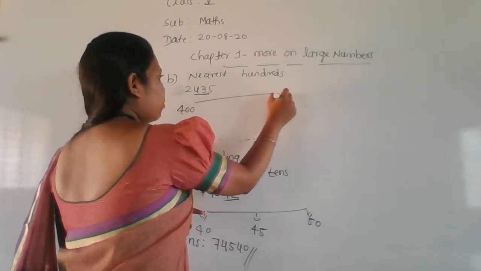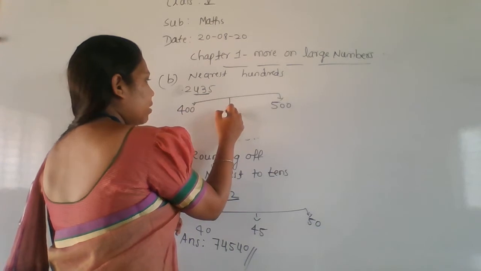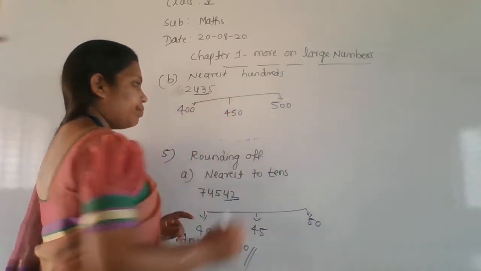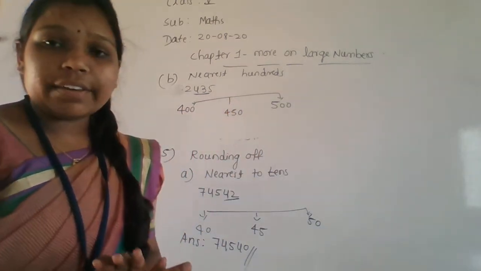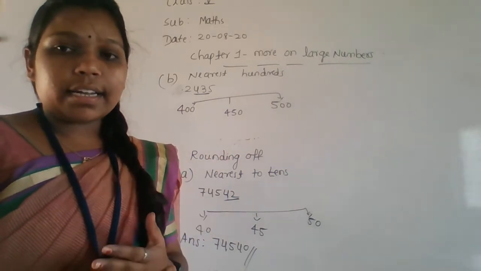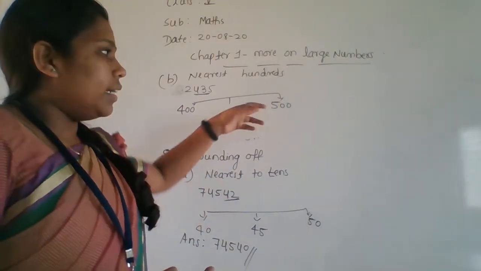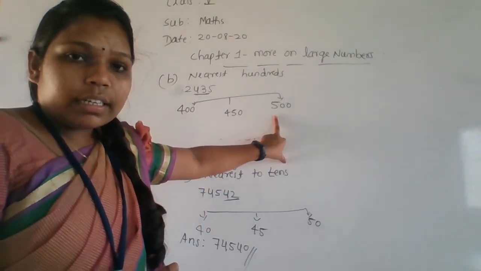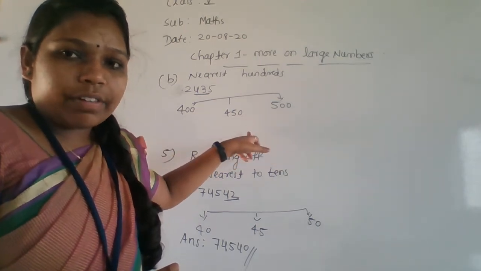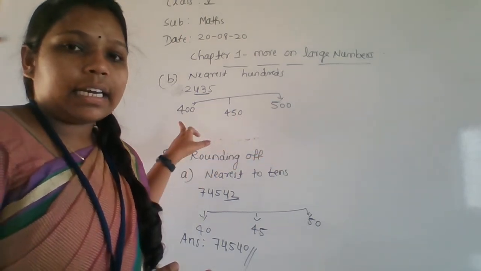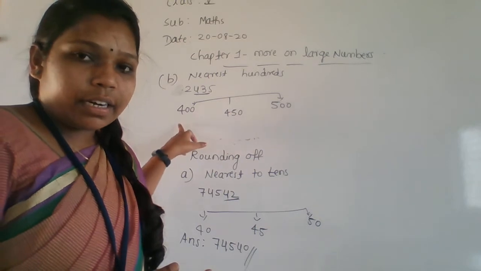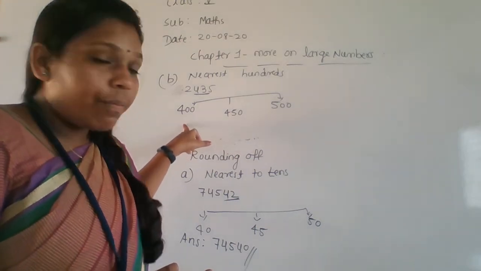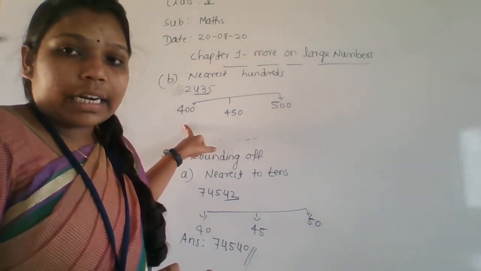And the middle number is what here? The middle number is 450. Okay, and if the given number is greater than 450, then it is nearer to 500. If the given number is lesser than 450, then it is nearer to which value? That is nearer to the 400 value. Getting everyone?